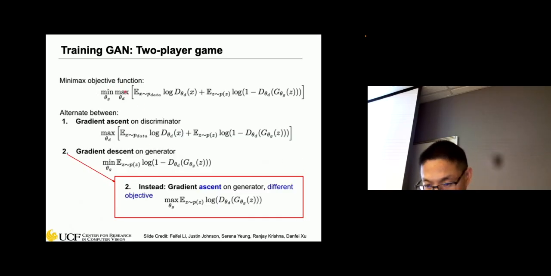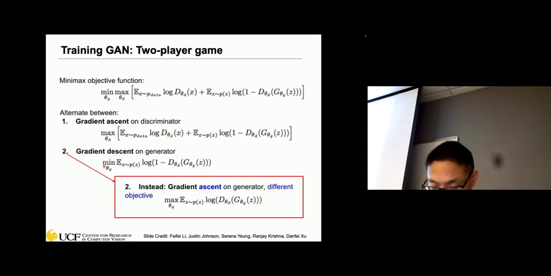To implement the optimization, because we have this min-max optimization, usually we do SGD in an alternating fashion. We first do gradient ascent on the discriminator, because we are maximizing, and we can put a minus sign on the gradient ascent.